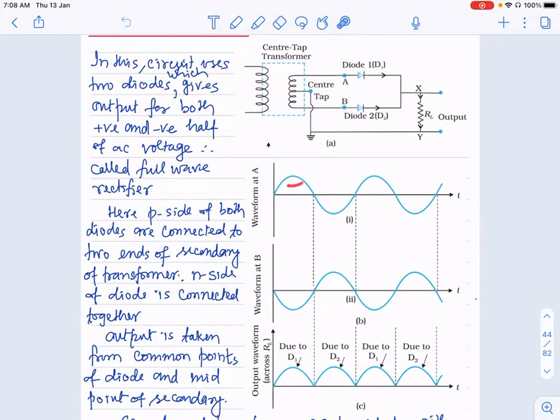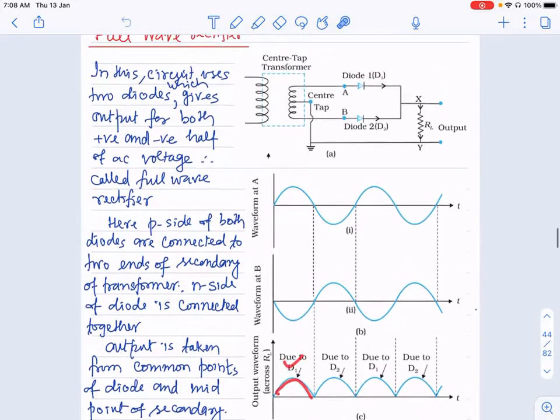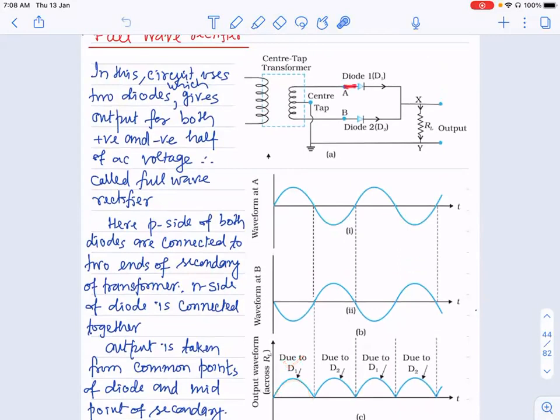So when this is plus, the diode D1 will be conducting. We get the output from diode D1. This pulse is received due to diode D1 because it is in forward bias. यहाँ से resistance will be less and the supply will pass.